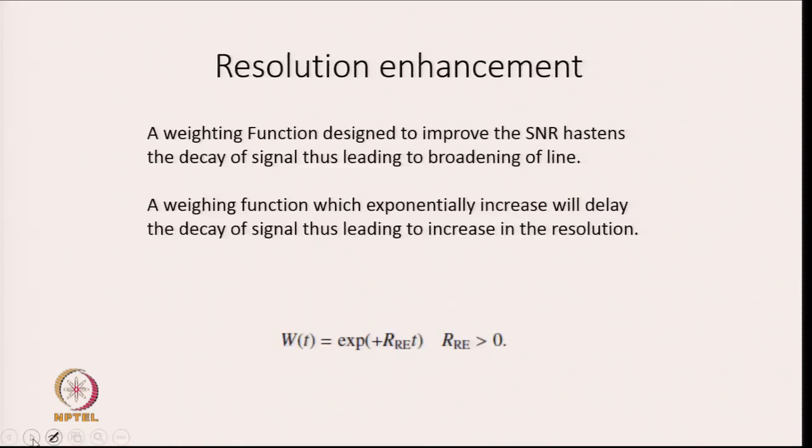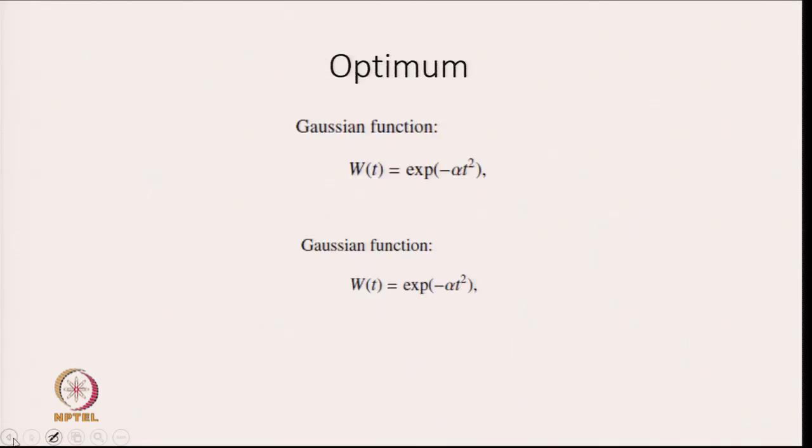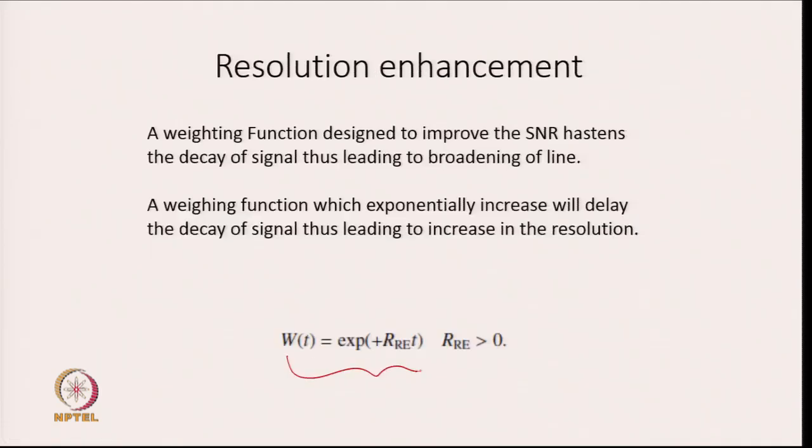So, now the question is, if I want to do a resolution enhancement, what do we need to do? We know that a weighing function designed to improve the SNR hastens the decay of the signal, thus leading to broadening of the line. So, for increasing the resolution, we need to multiply our signal by a weighing function which increases exponentially and thus delays the decay of the signal, and for that we use this weighing function.